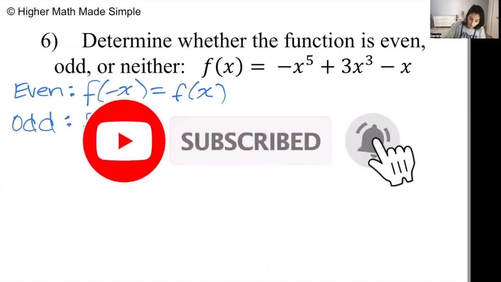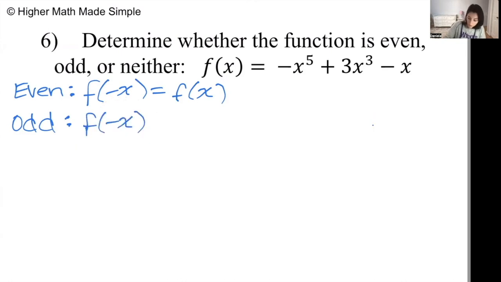An odd function, to figure if it's odd, it's the same step. You still substitute negative x into the function. But I like to tell people, easy way to remember it, if the negative, quote unquote, comes out, then it's going to be an odd function. So in other words, there's that imaginary -1 times there, right?